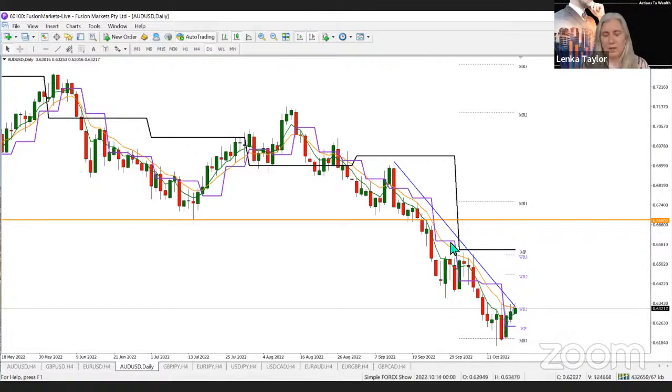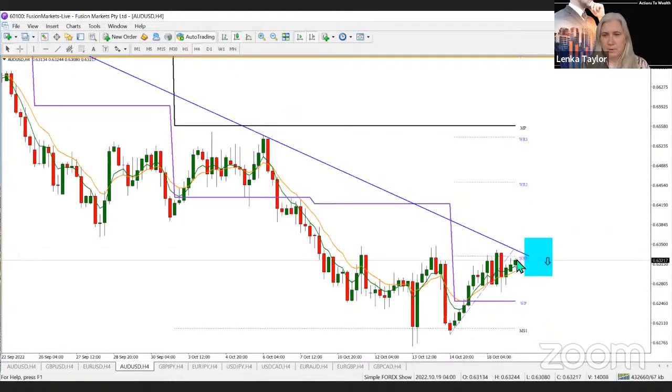Looking for price to possibly still pop up to test that previous trend line and then look to go short, which would be a false break of that range, and that would be good. Otherwise, if it starts to come down, then looking for a lower high and looking for short opportunities there.